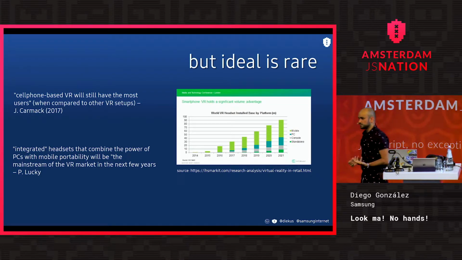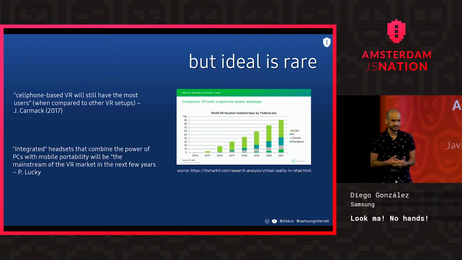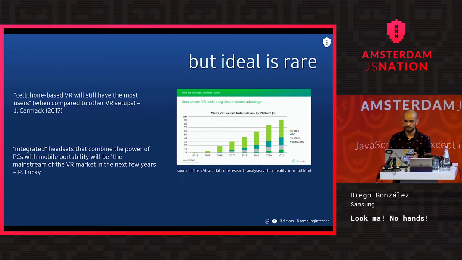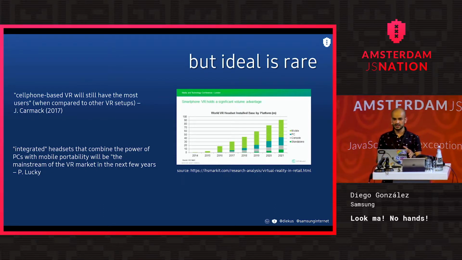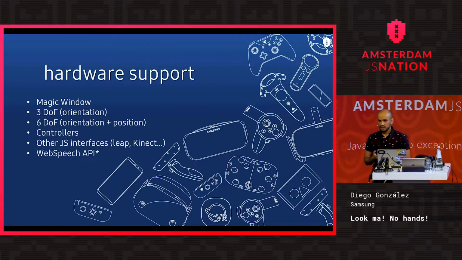And there are many people in the industry that believe that the future of VR is going to be definitely mobile, because you're not tethered, because it's less expensive, but that comes with some drawbacks. So it's important to know how we can start targeting these cases. And for this, it's important then to know what's the hardware support that we have on the browser.